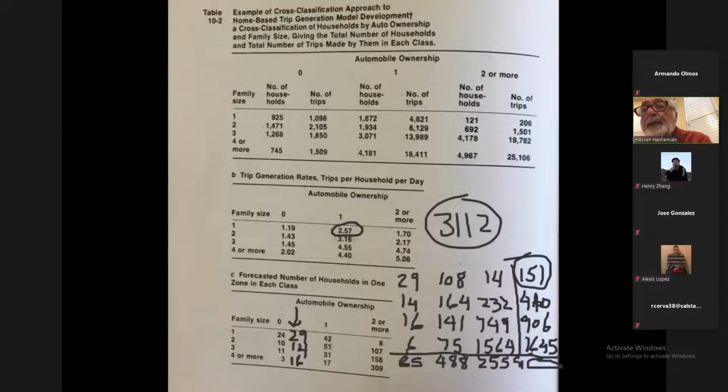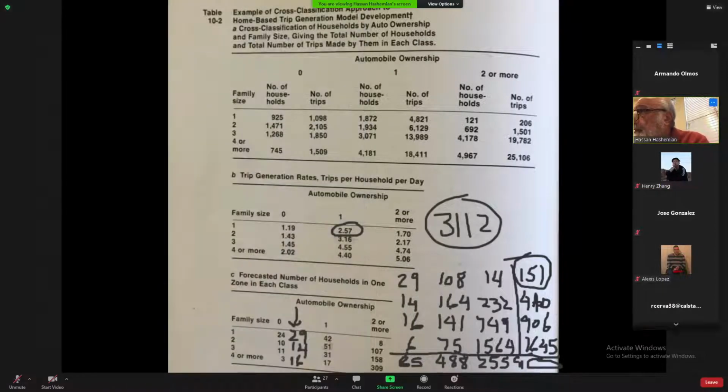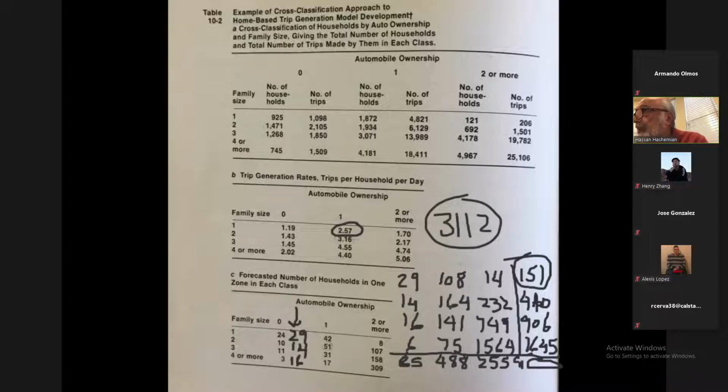All right, but your book is not showing it by table, it shows it by graph. And those graphs were developed by the Federal Highway Administration to estimate the same thing, how many trips are going to be generated. And I will show you those graphs now, which are in your book. Okay, any question before I leave this page? Okay, so let's go over the graph.